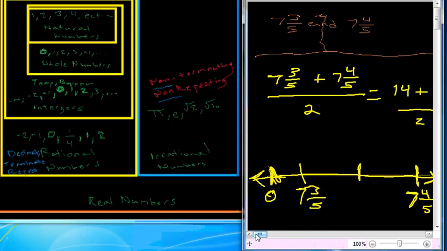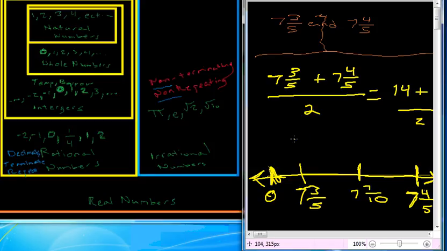It says, hey, I solved for this equation here with the density property, and the density property told me this value right in between is 7 7/10. Now, guys, here's my point. Because decimals, there are multiple values.